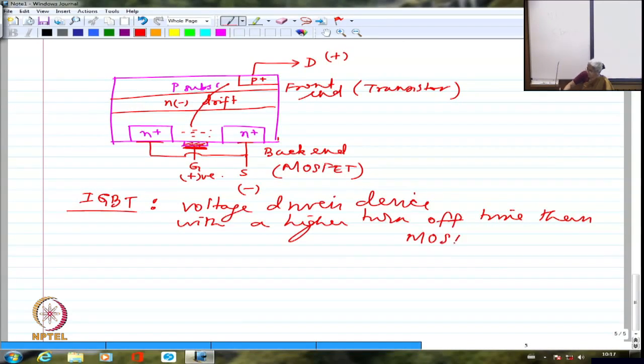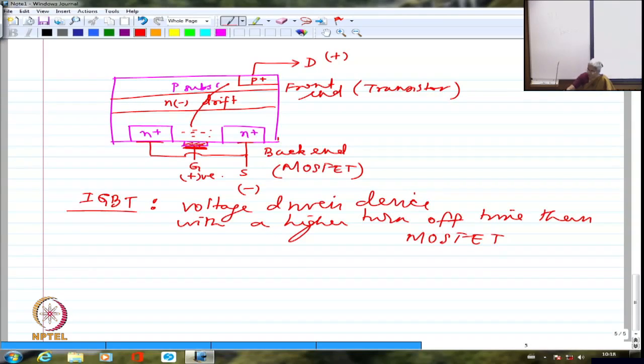But because of the transistor mainly driving the major portion of the current, because MOSFET essentially plays a role in turning on and turning off the device. It doesn't really play a role in the overall conduction, because of which we are not going to have a large on-state resistance in this device. So, the on-state resistance generally comes down in this particular device.